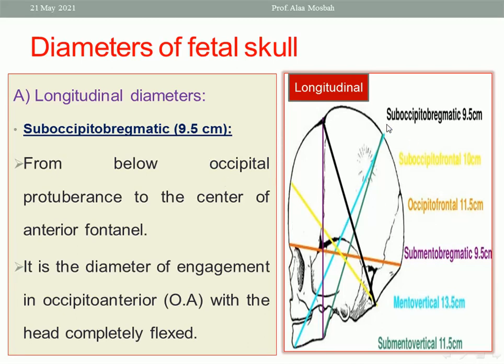This is the suboccipitobregmatic diameter extending from below the occipital protuberance, starting here, to the center of the bregma. It is 9.5 centimeters, and this is the diameter of engagement in case of occipital anterior with a well-flexed head.